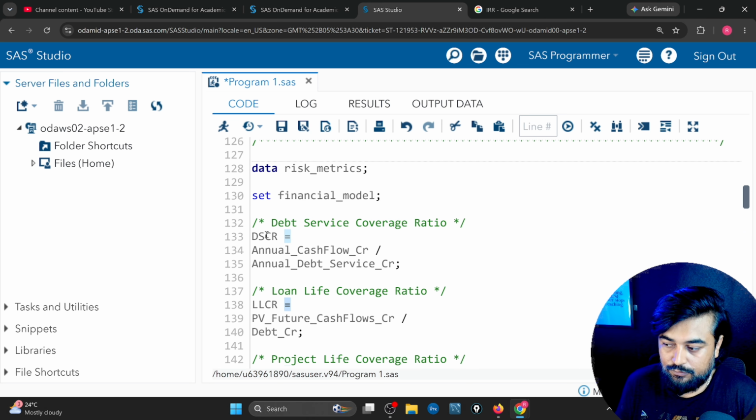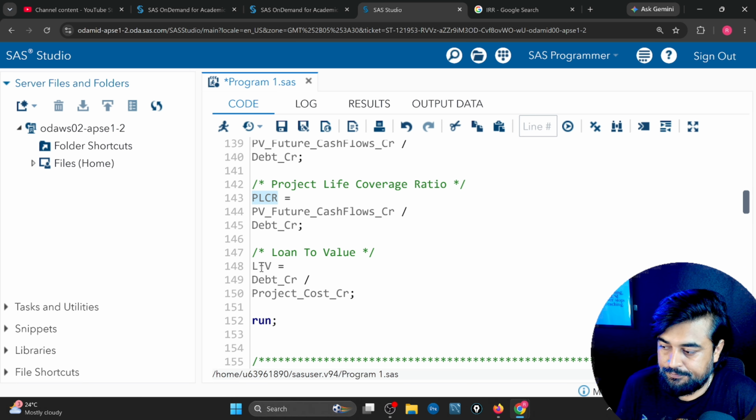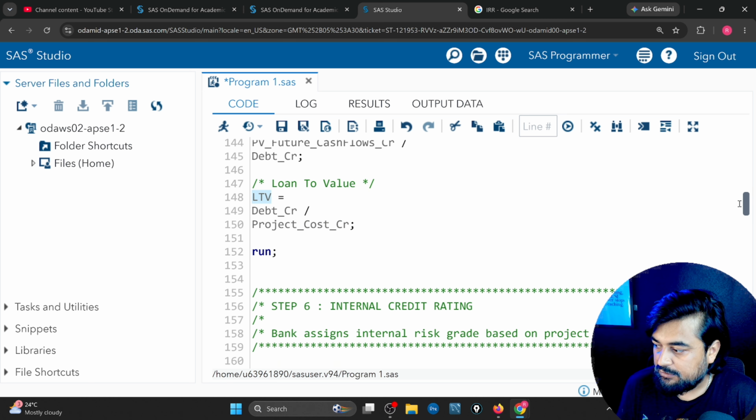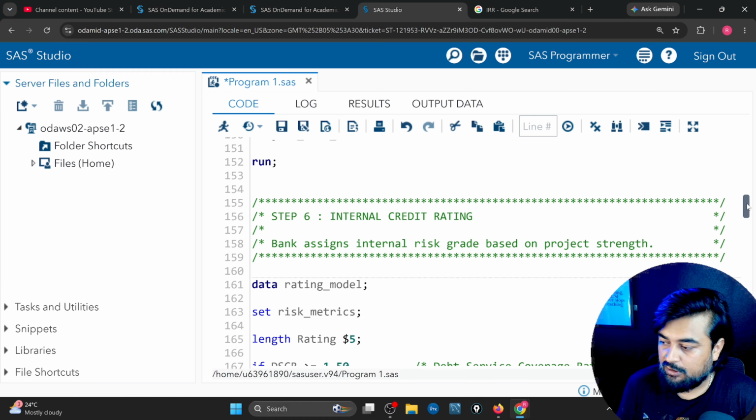There is a formula for each of them: annual cash flow divided by annual debt service. Then there is a formula for LLCR, which I explained in the previous video, and then PLCR and loan to value. These are the important concepts. All these values will be calculated once I run this. Let's talk about the next step first, then we'll run the code.